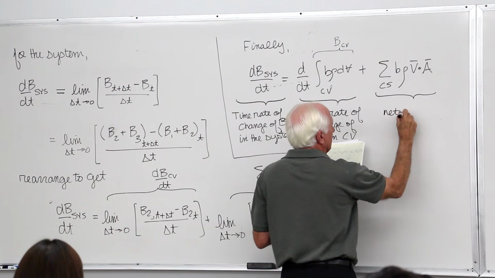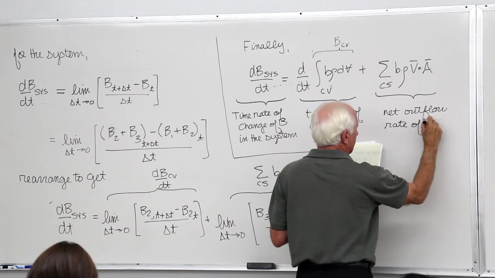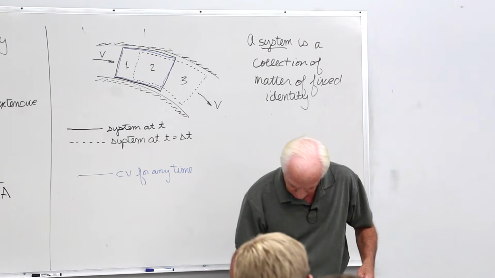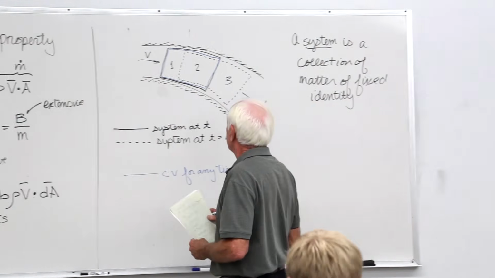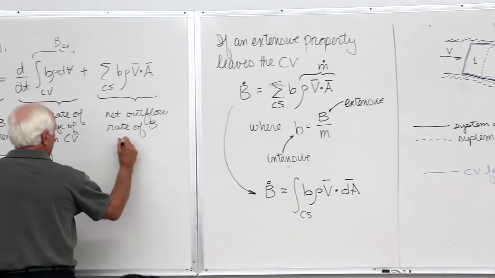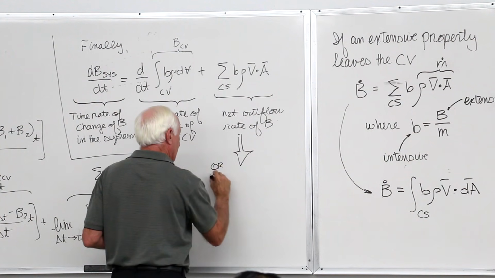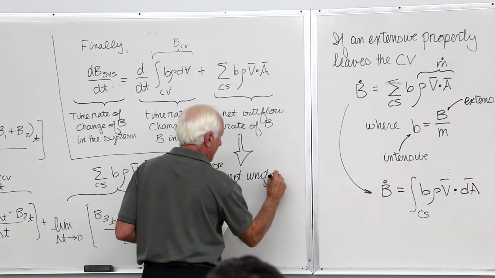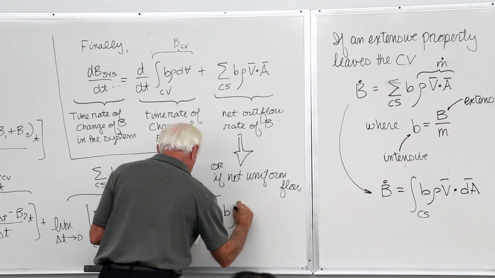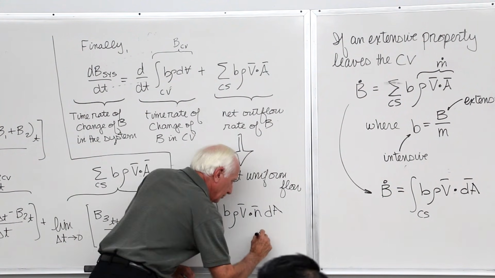This one, net outflow rate of B. If it's not uniform flow, then we have the integral of rho B dot n dA. This n is the unit vector in the n direction.